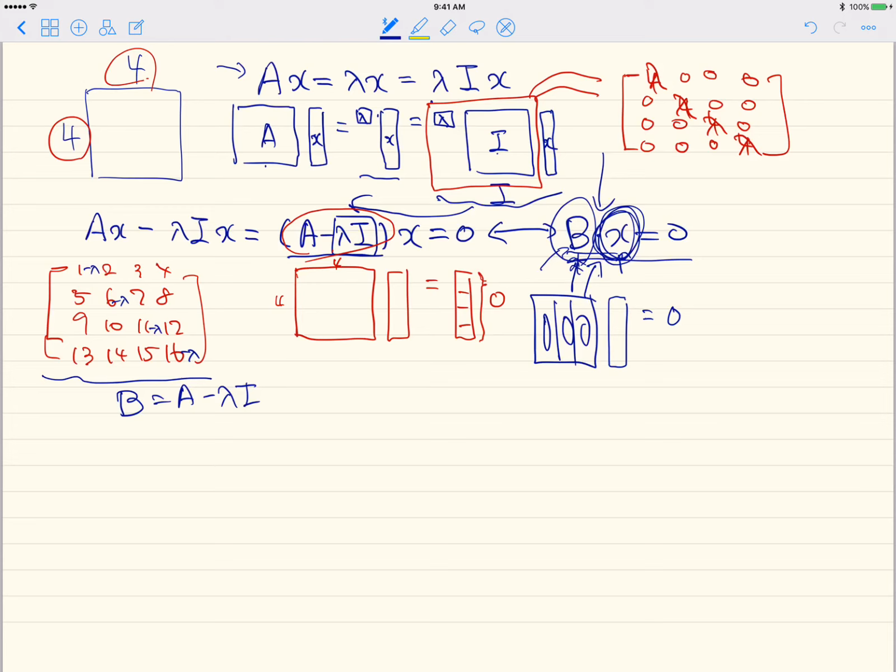That's when we can obtain this non-zero eigenvector, right? So basically, the task of finding eigenvalue is that we want to find the lambda so that this matrix B becomes linearly dependent. That is another meaning of eigenvalue.